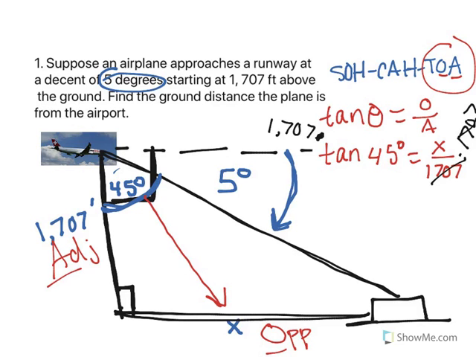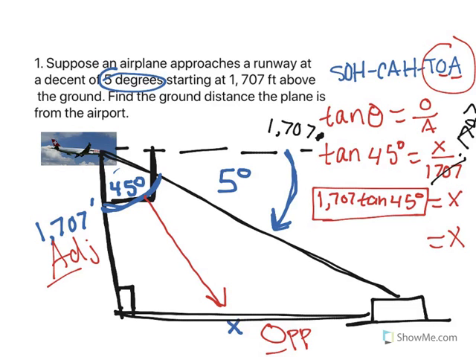Here, those two values cancel, so you are left with X equals, and just copying that down, 1,707 times tangent of 45 degrees. So you're just going to plug that into your calculator. 1,707 times tangent of 45 degrees.